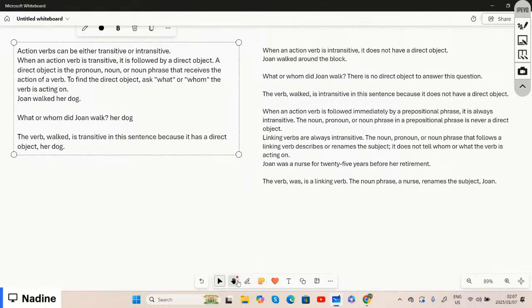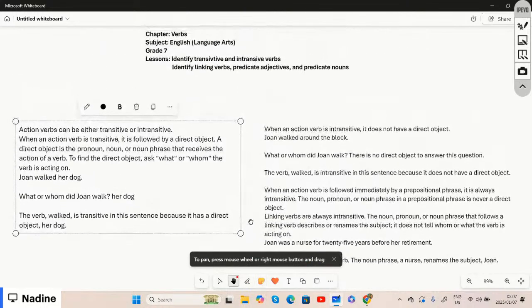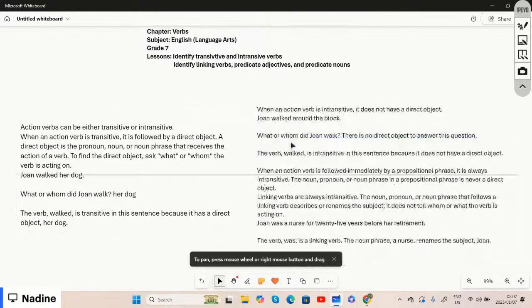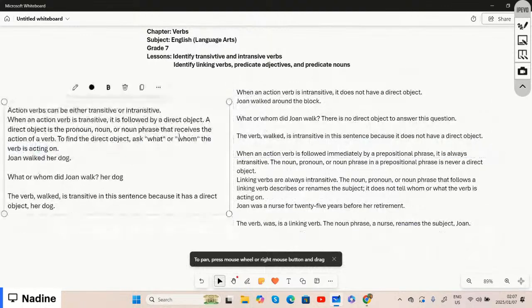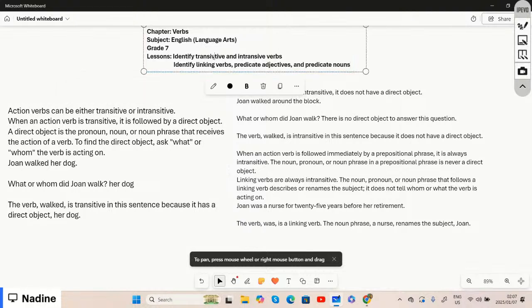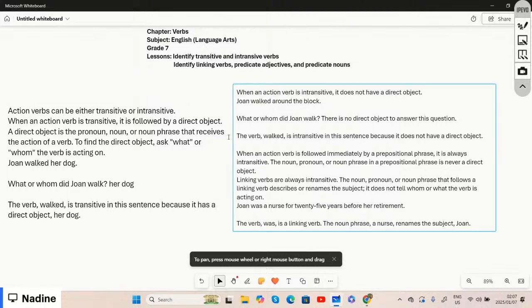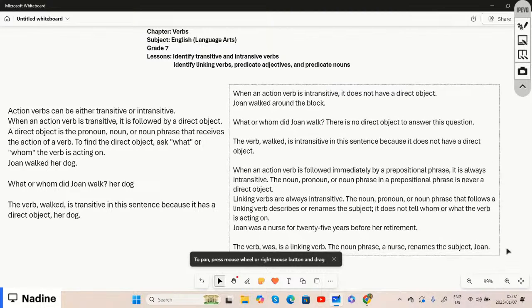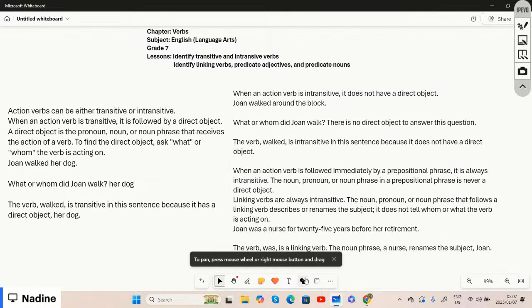The lessons that we are going to be focusing on under the chapter of verbs are: we're going to identify transitive and intransitive verbs, and we're going to identify linking verbs, predicate adjectives, as well as predicate nouns. Those are our lessons for today.